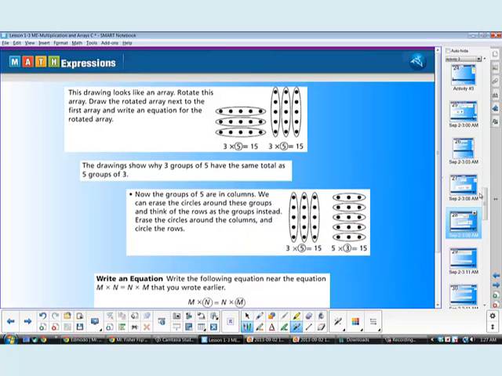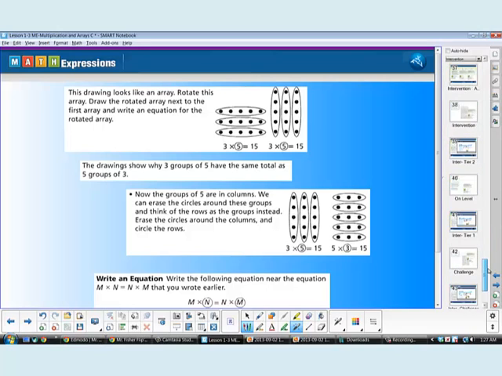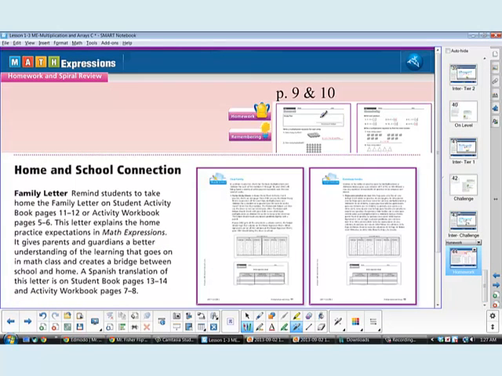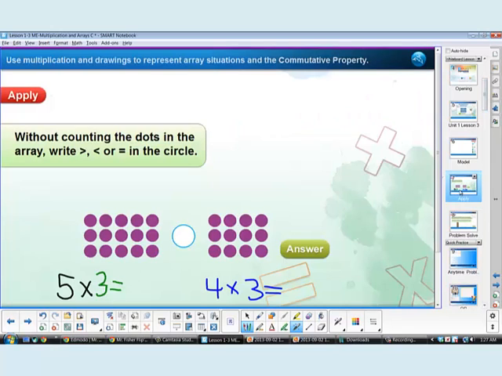Okay, so that gives you an overview of the lesson and what we will be doing in class. And of course, the part where you have to do the homework is going to be done in class. Your assignment, though, will be to do this problem and this problem.